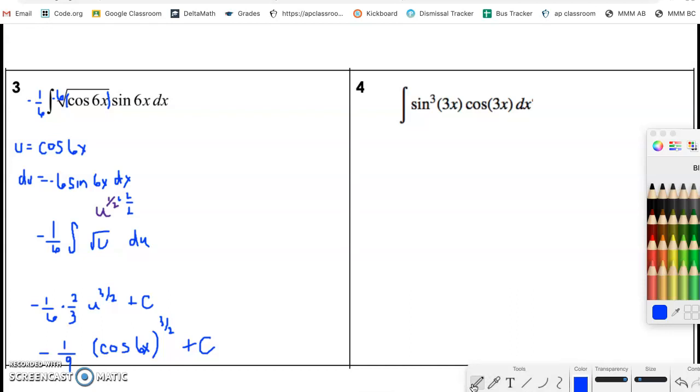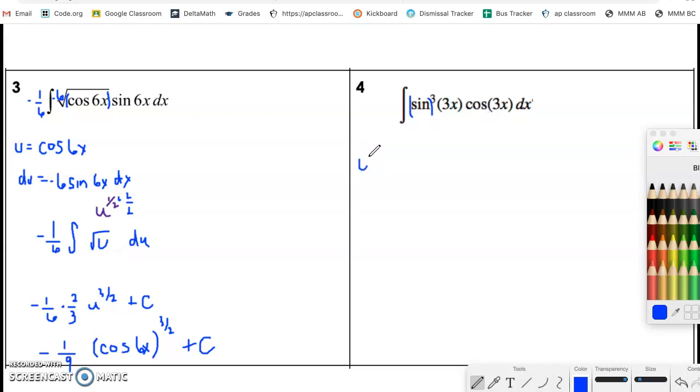All right. This guy here, again, I know cosine, the two expressions multiplying together. I see cosine's the derivative of sine. I also know sine's in parentheses because sine is cubed.